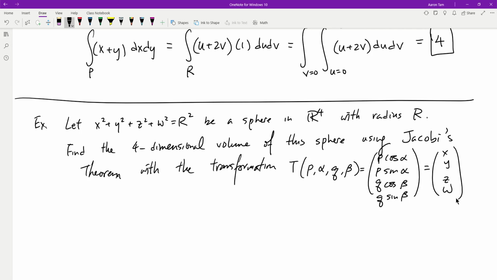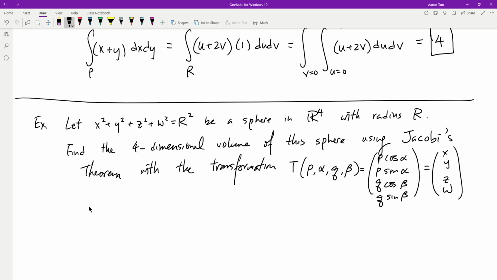So notice that, as the name suggests, it's just two separate polar coordinates. One set for x and y, which is p cosine alpha, p sine alpha, and another set for z and w, which is q cosine beta and q sine beta.